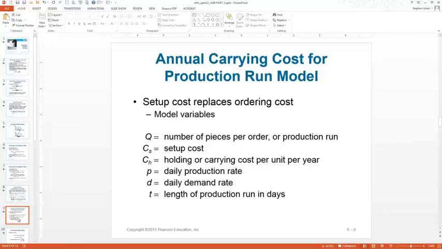It could be hiring staff to get things ready, and these are people who only work during production runs, and so you've got to go out and hire new people. Whatever it is, there are setup costs that come in as opposed to the ordering costs that we had when we were doing supplier inventory.